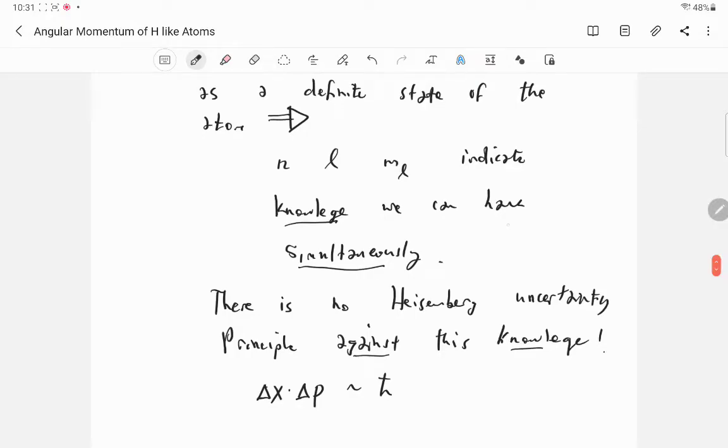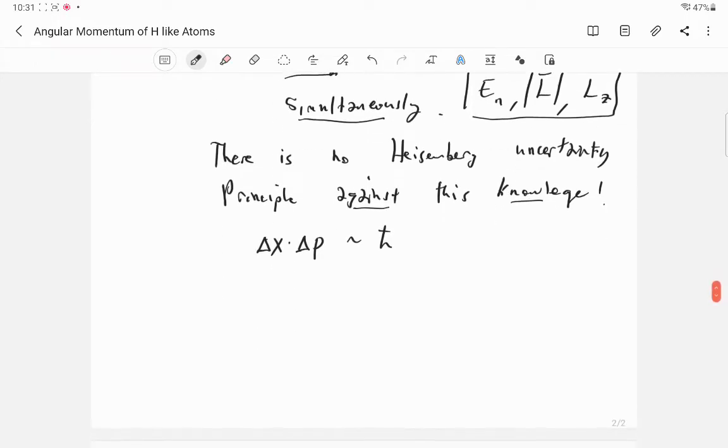But if we want to know the energy, the magnitude of the angular momentum, and the z component of the angular momentum of an atom, we can know all three of these things with arbitrary precision, unlimited by any uncertainty principle.